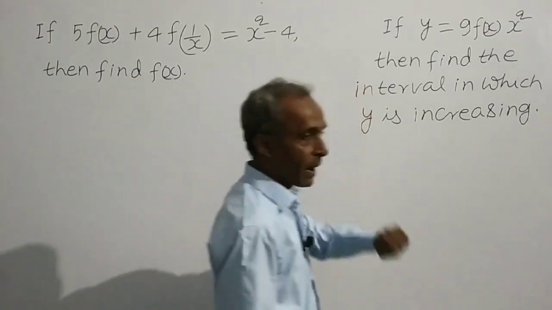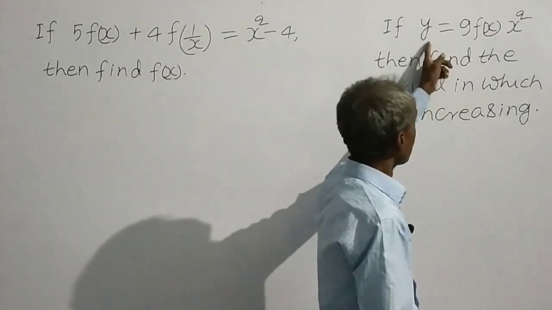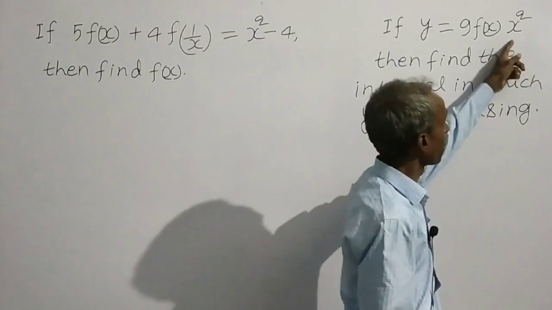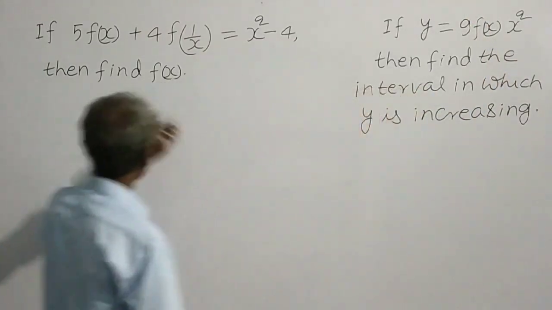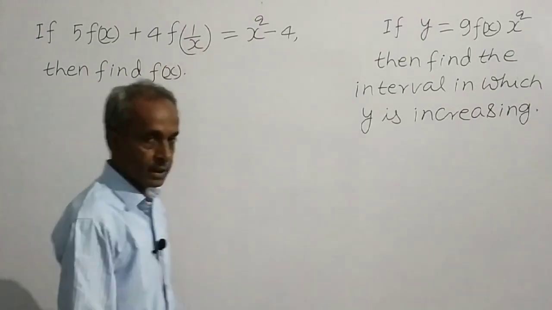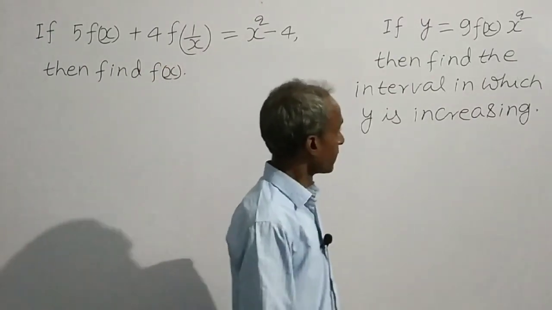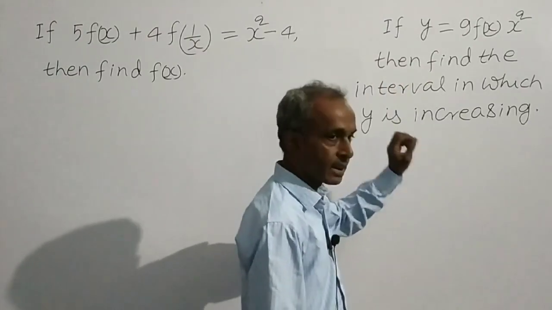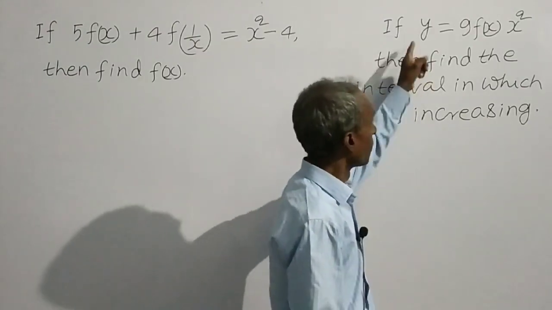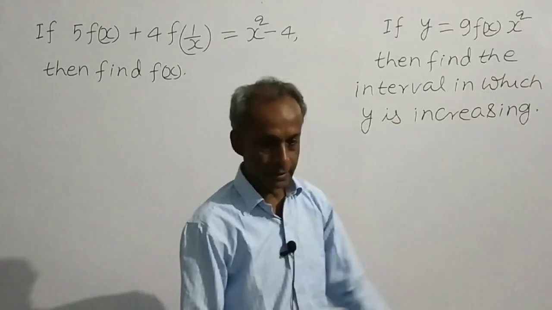In the second part, it is given that y is equal to 9f(x)x², where f(x) is the function that satisfies this condition. Then we are required to find the interval in which y is increasing.